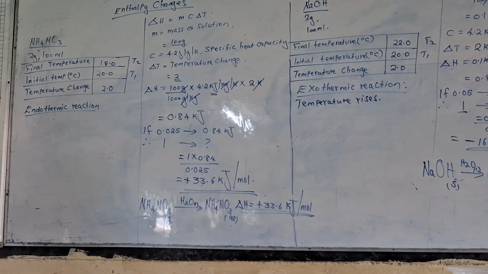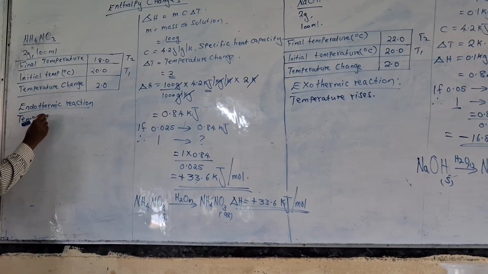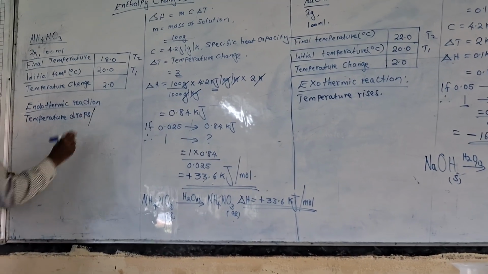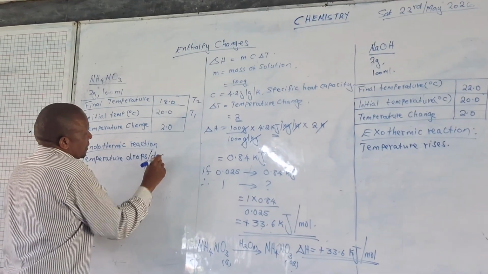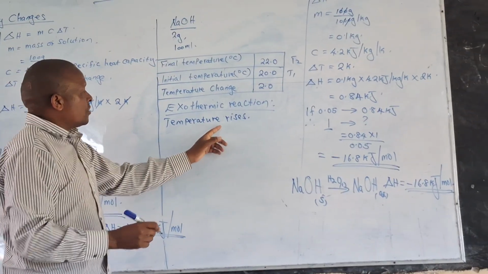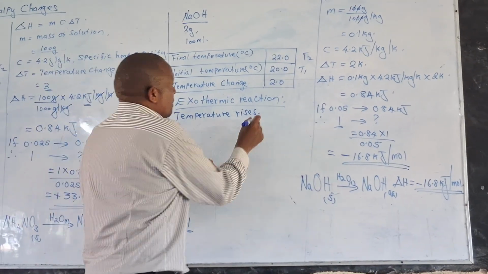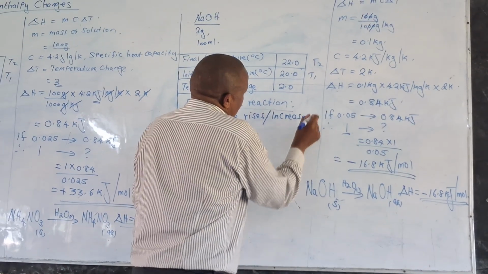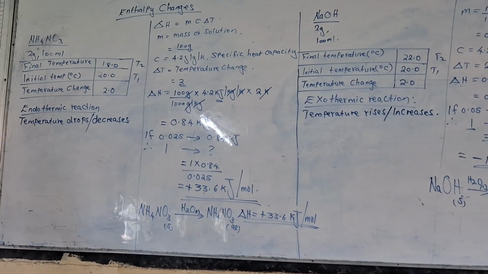So here, temperature drops. The synonym of drop is decreases. Temperature does what? Decreases. What about here? The synonym of rises is increases. Temperature increases.